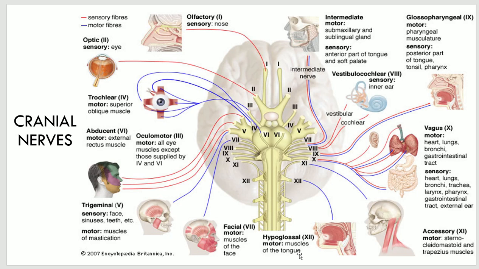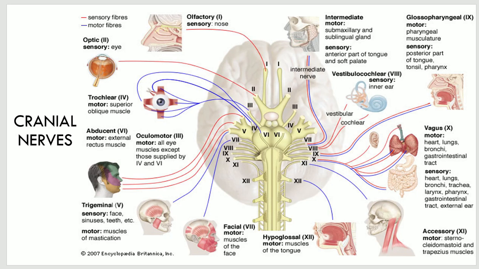So make flashcards and study this because you are going to be asked, and do not let it surprise you on the quiz. Again, red lines are sensory, blue lines are motor. A couple of these are both sensory and motor, so don't be confused. Make yourself flashcards.